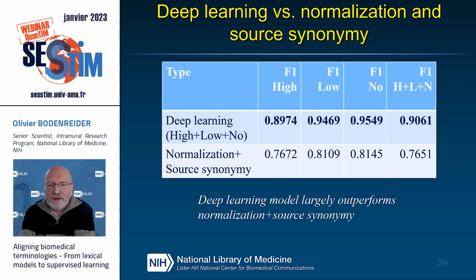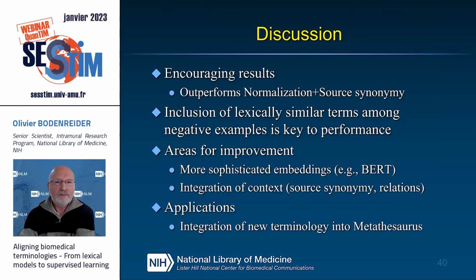We compared it to a baseline in which we mimicked the role of human curators by applying normalization and source synonymy, as I discussed. What we can see here is that there's a huge gain in performance from the deep learning model compared to the traditional approach as we could mimic it.